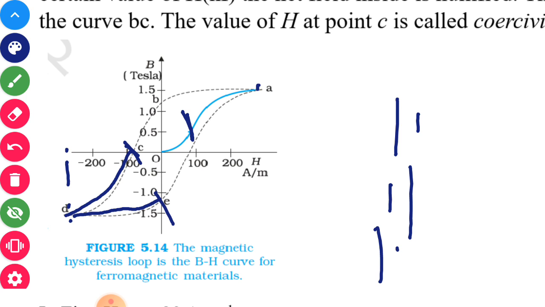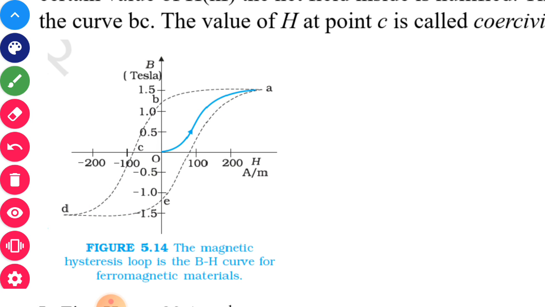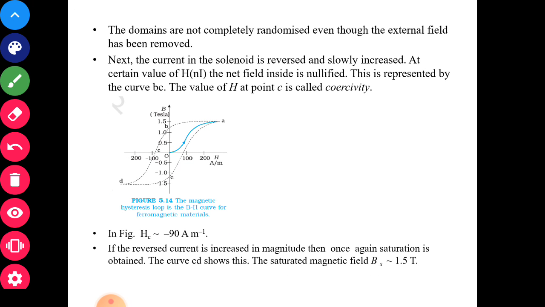Now again the original situation. So again the graph reaches its maximum saturation, but it is not retraced. Try to understand, it is not following the same path because the randomization of the domains is completely different from the earlier randomization.